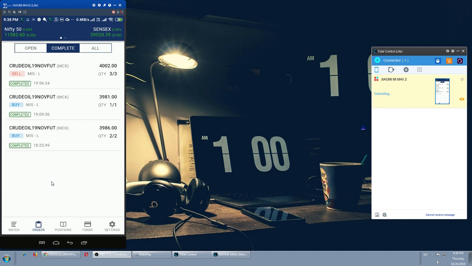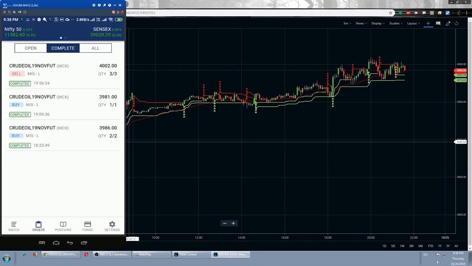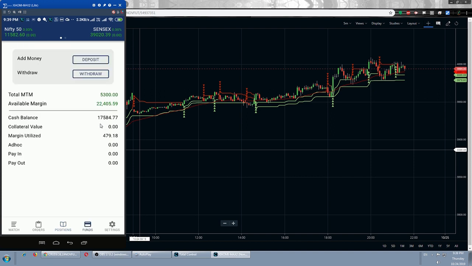So the software is connected, and this is my mobile screen. Let me get onto the charts also. So this is the chart, this is my mobile, and I just explained the order book where I took the position with how many lots and where I exited. The total profit, as I was saying, was 5,300 here. And if I go to the funds, I had 17,500 as my capital.